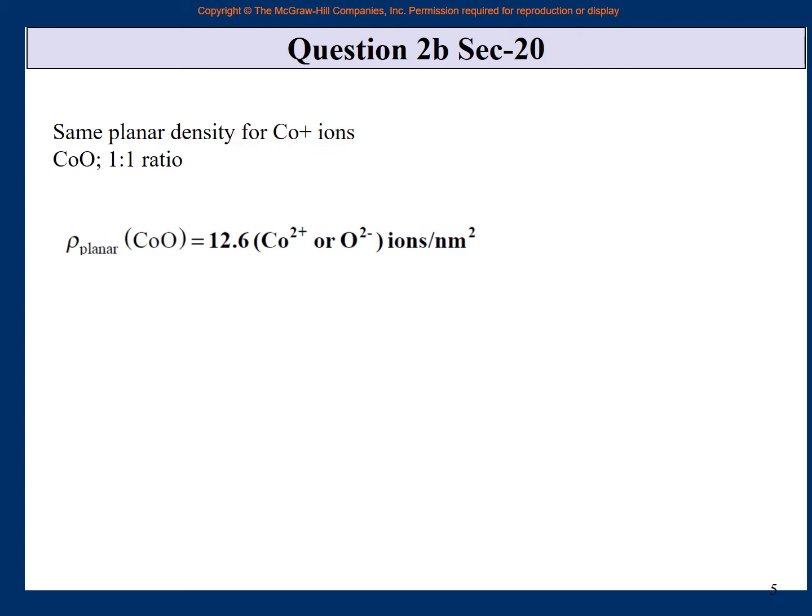This is the reasoning, and we told you in the class also that if it is 1:1, and of course in any unit cell, the anion and the cation have to be balanced. Whatever amount of one is there, exactly the same amount of the other will be there, so that the chemical stability is there, +1 -1. Therefore this is the final answer: for cobalt oxide the planar density is 12.6 either cobalt or oxygen ions per nanometer square, right?